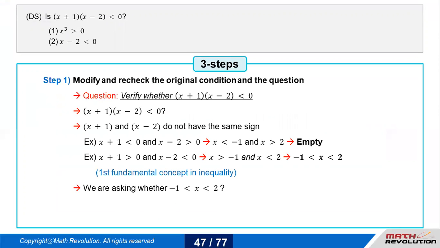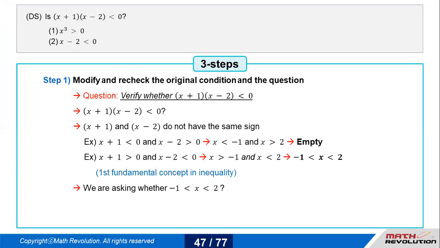So this would be a null set or an empty set, because there is no x that can satisfy being less than -1 and greater than 2 at the same time. The other possible consideration is x plus 1 is greater than 0. That means x is greater than -1, and x is less than 2. That means x lies between -1 and 2. So the question is asking us, is x between -1 and 2?